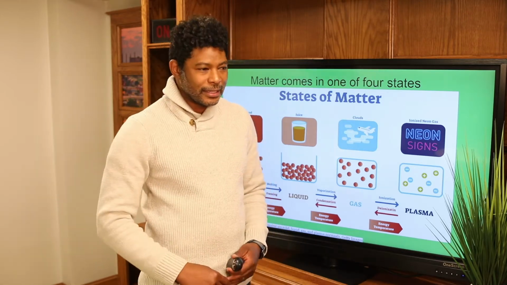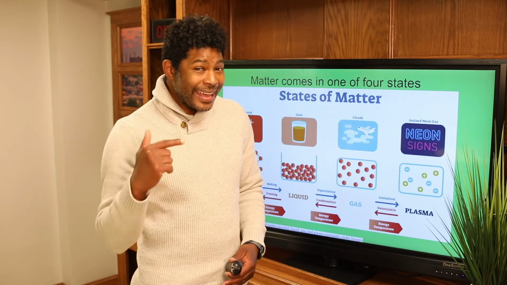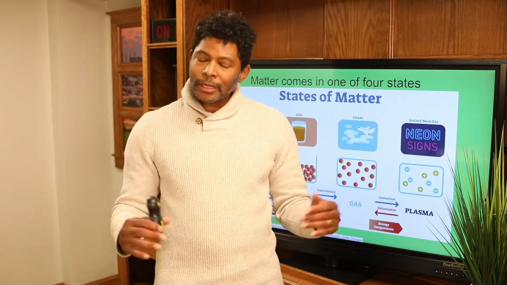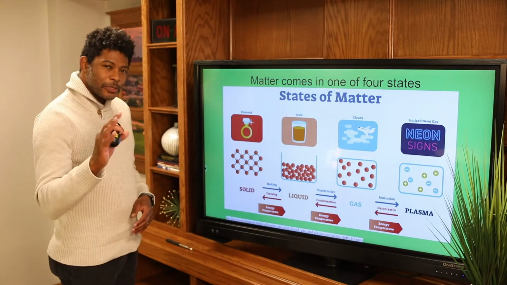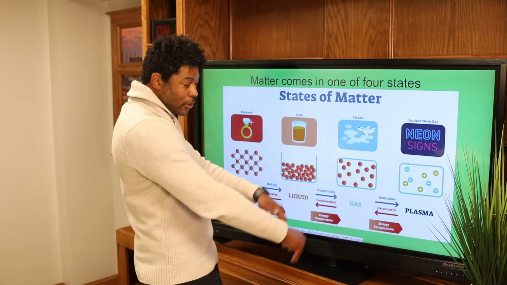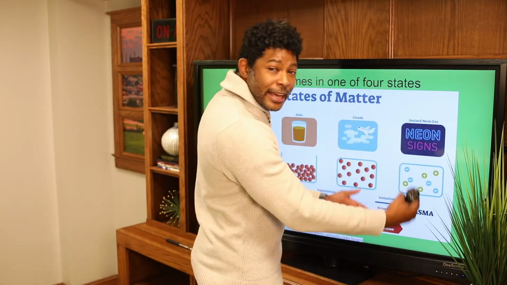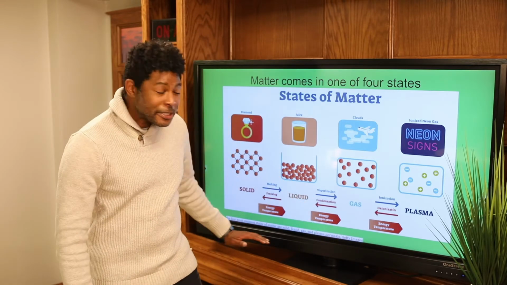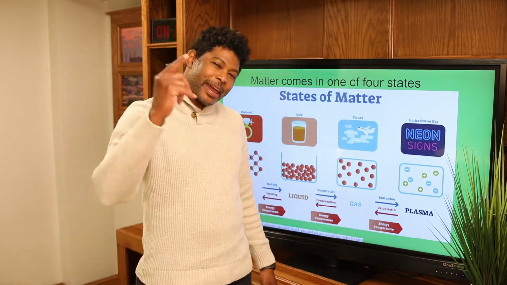But think about it like this. It's not quite a gas, but it's not quite a liquid. Okay? So, notice what you have here. You have solids, you have liquids, you have gas, you have plasma. What's the difference? The amount of energy. Energy is not matter, but energy matters.